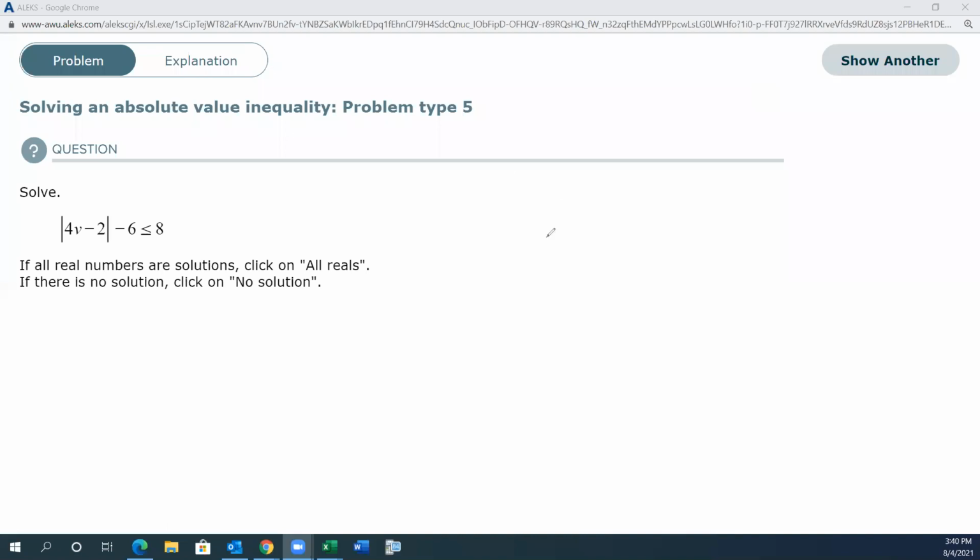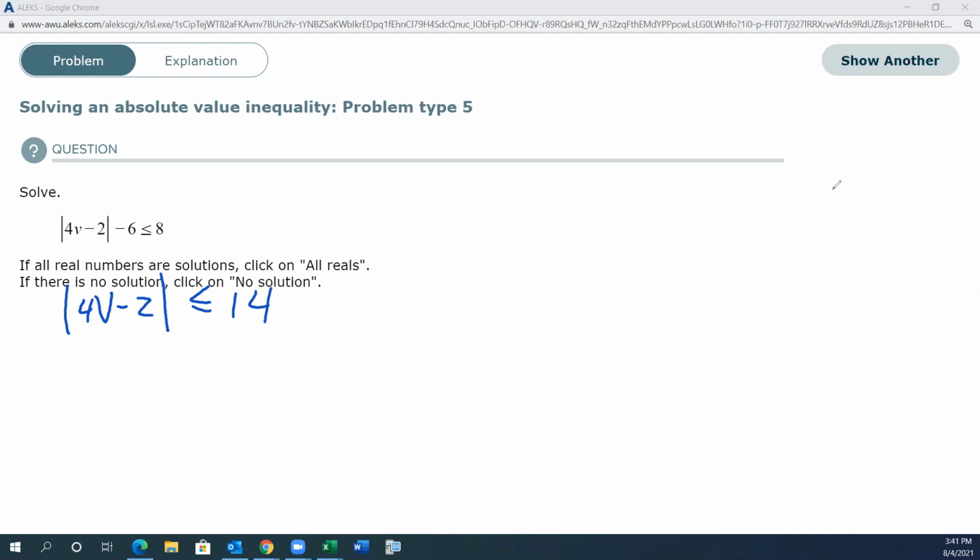All righty. So here's another one. This is now type 5. It's not really all that different from the last one. Okay, so let's start by getting the absolute value expression by itself. We'll add 6 to both sides. I don't know why Alex likes using the variable v so much. Whatever.